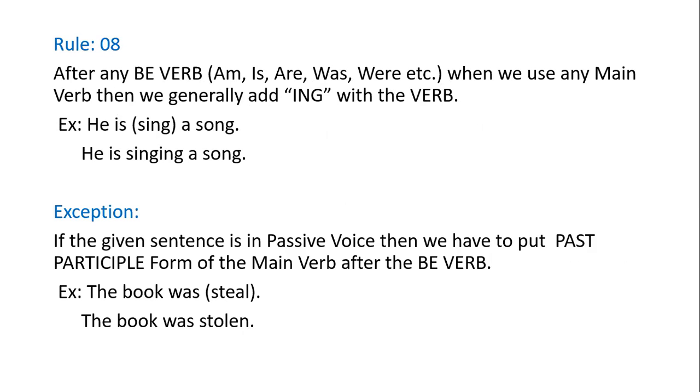For example, he is (sing) a song. We can easily correct this sentence by writing: he is singing a song. After a be verb, there will be a verb in ing form.